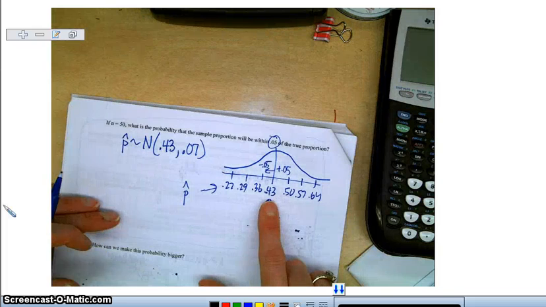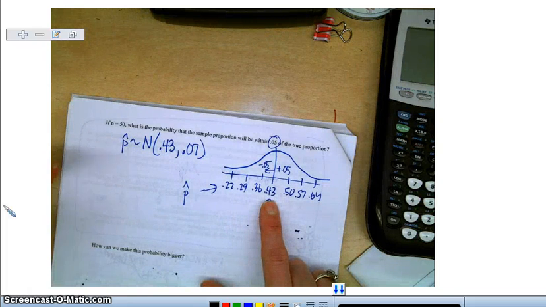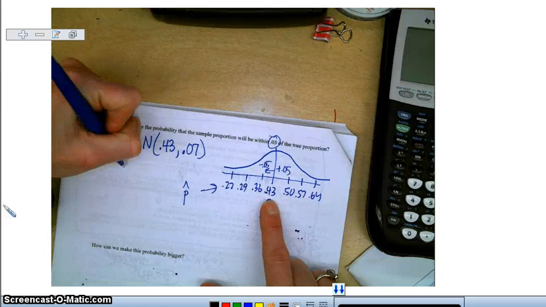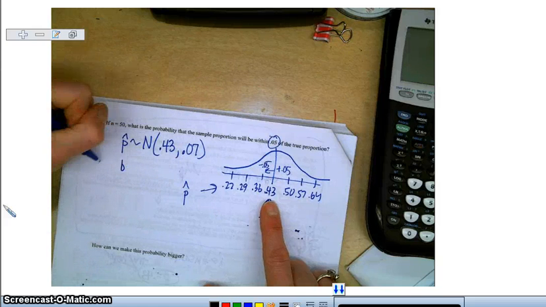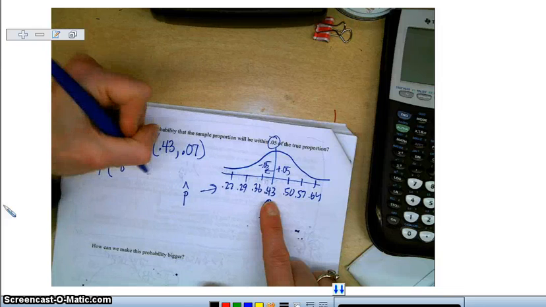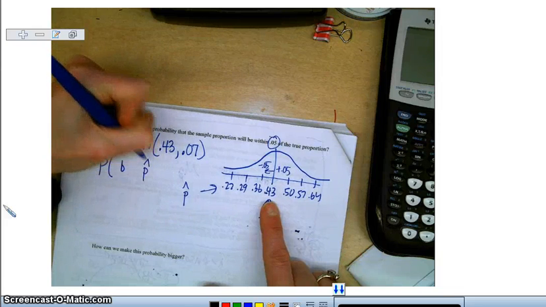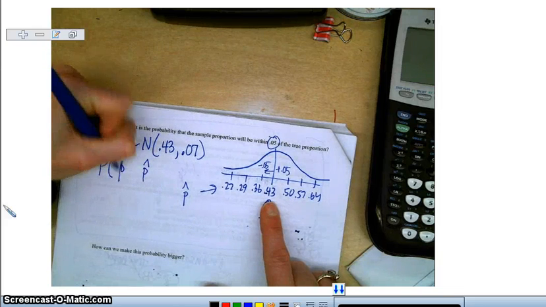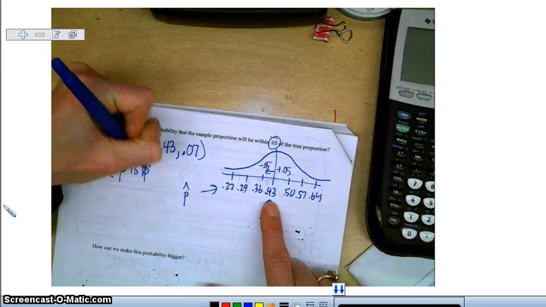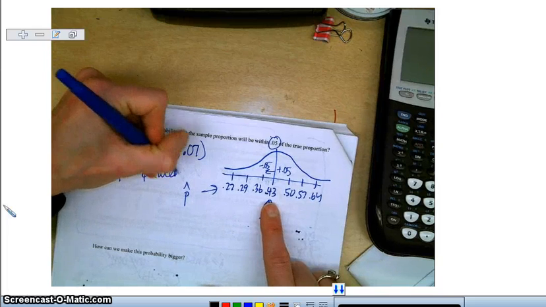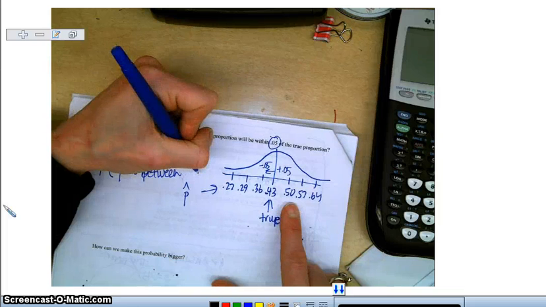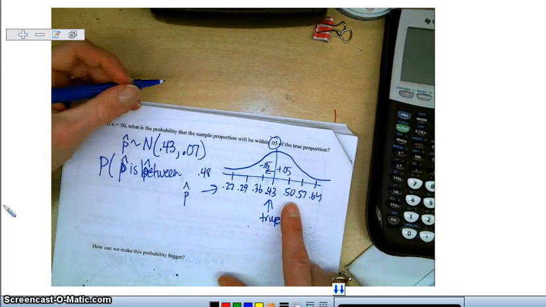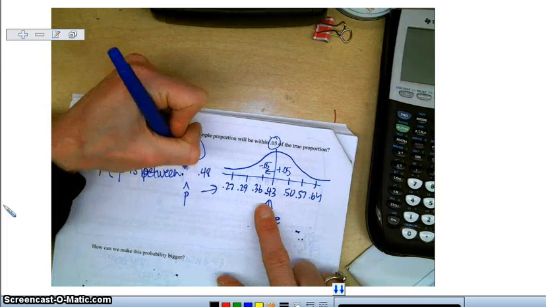Okay, what's 0.05 above 0.43? 0.48. So what is the probability that p hat is between, the upper bound is 0.48, and what's the lower? 0.38.